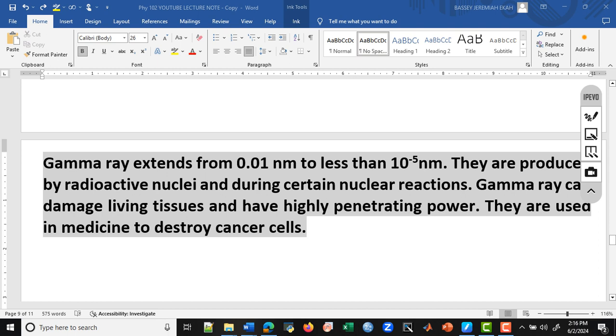You may not feel this radiation eating up things in your body because it does not have any heating effect, but it is dangerous to the human body. Gamma ray can damage living tissues and has highly penetrating power. It is used in medicine to destroy cancerous cells. So gamma ray has an application in medicine and could be used to destroy cancerous cells.